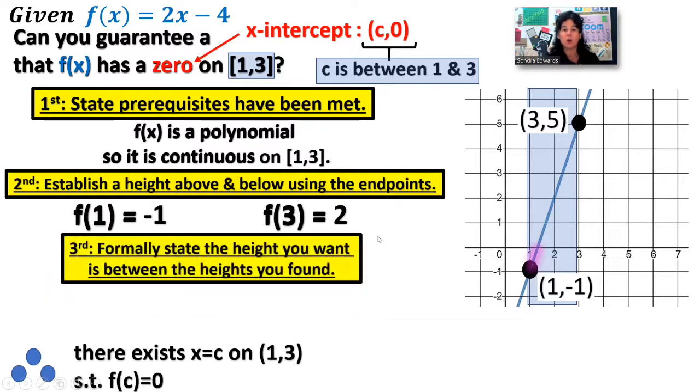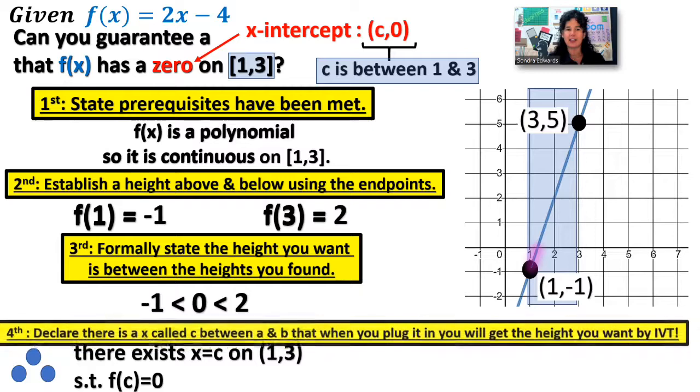Next, we want to formally state that the height you want is between the heights you found. I know it seems really obvious, because you're trying to get a height that is above and below 0, but you need to state it. So we're going to say 0 is sandwiched in between -1 and 2.